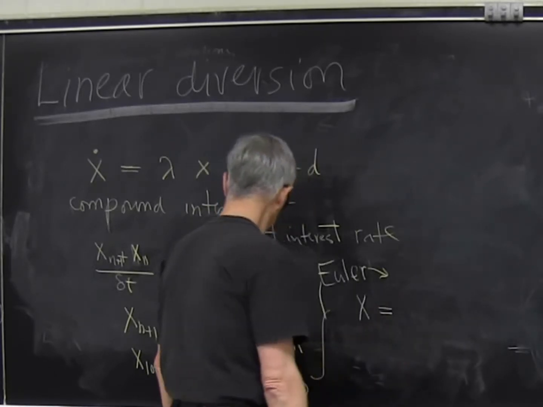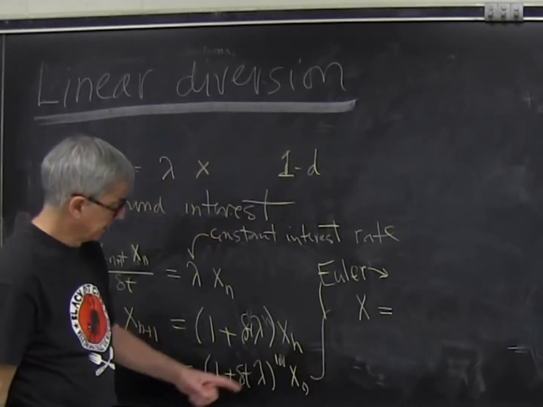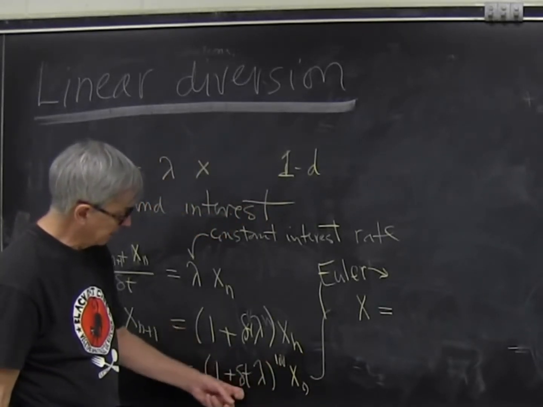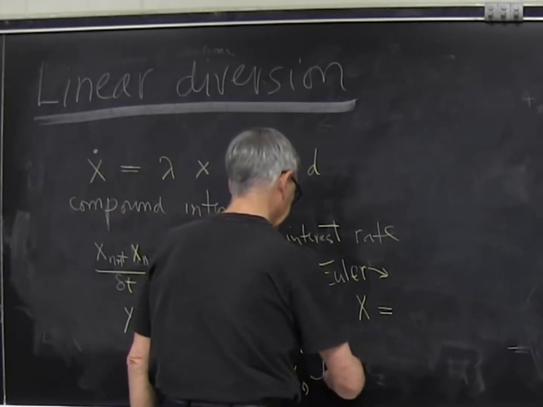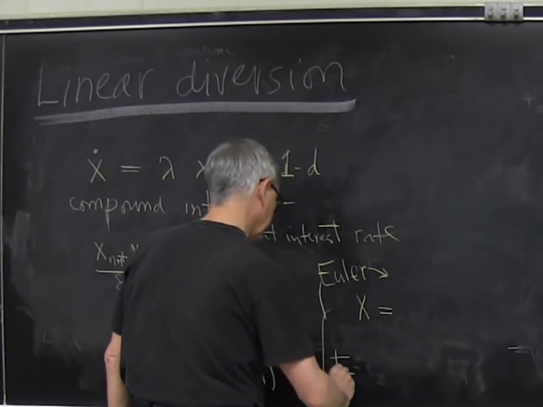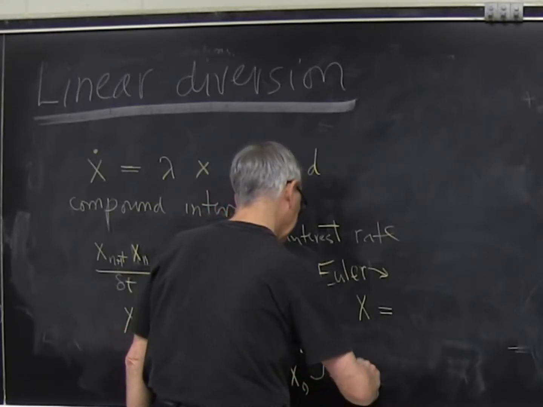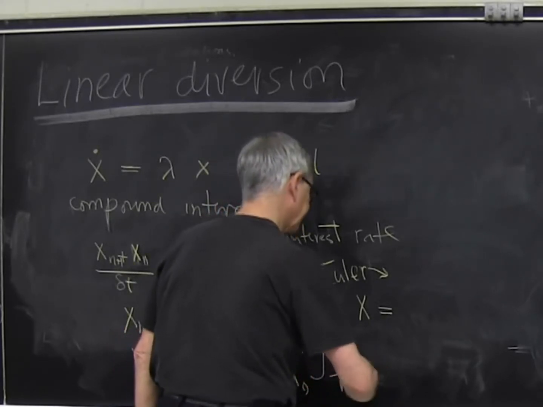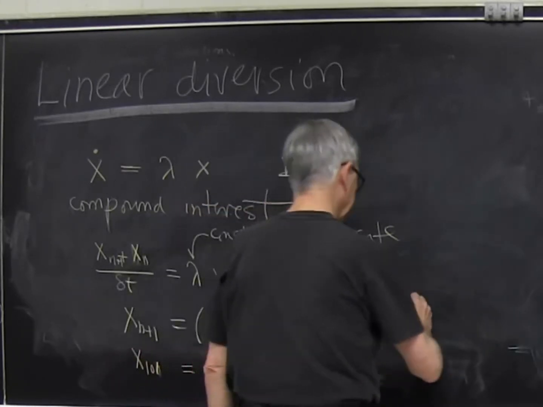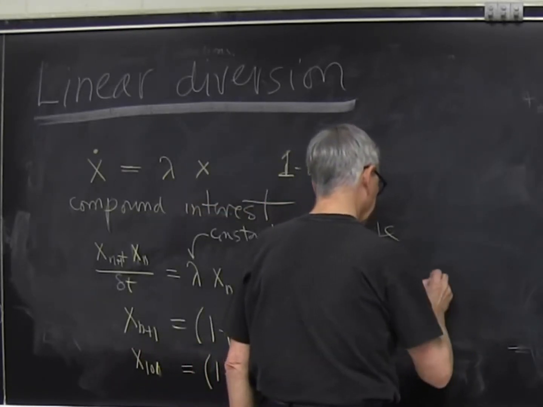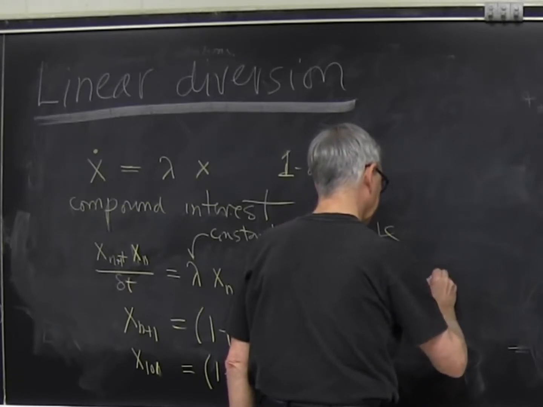So he wrote this solution as a limit of many time increments. He replaced the total time by the number of increments, that's delta t times n. And in the limit of infinitesimal time, this is one of the definitions of the exponential.